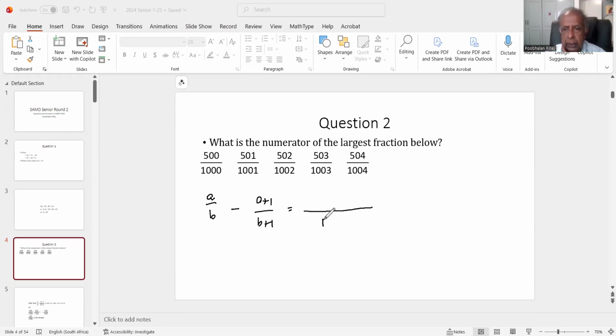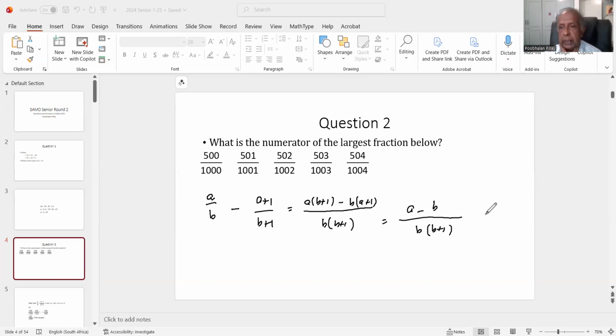The common denominator is b into b plus 1. The numerator is a into b plus 1 minus b into a plus 1. And when you simplify that, you will see in the top, you get ab plus a minus ab minus b.